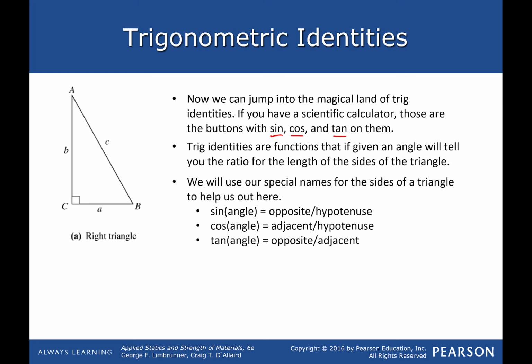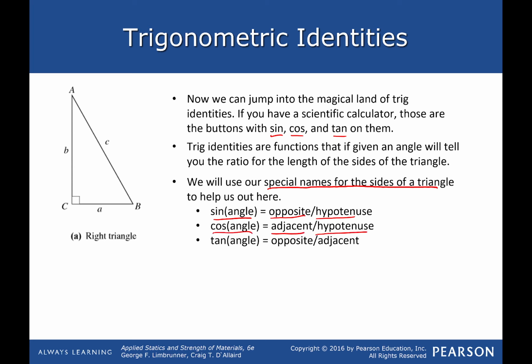So here are the definitions for all three of them. And we use our special names for the sides of a triangle to help us out here. So sine of an angle is equal to the opposite over the hypotenuse. So the opposite side over hypotenuse, that ratio is equal to the sine of that angle. The cosine of an angle is adjacent over hypotenuse.